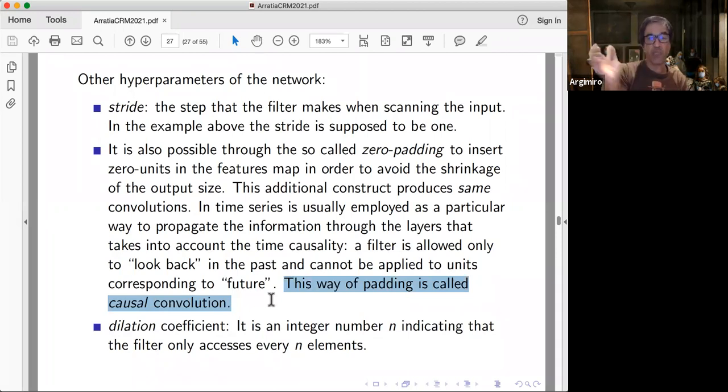And then the dilation coefficient is just the width that you apply into this padding in order to make jumps and reproduce the lag that you get in the series, to lag your input information, all right? So in order to just look back 2 periods or 4 and so on.